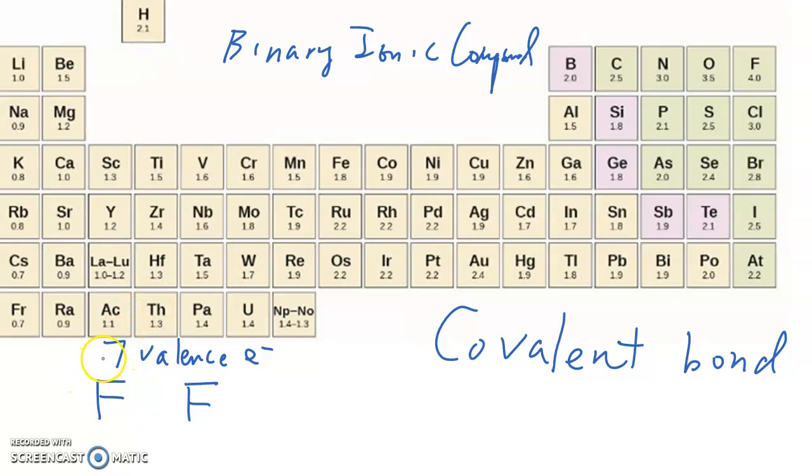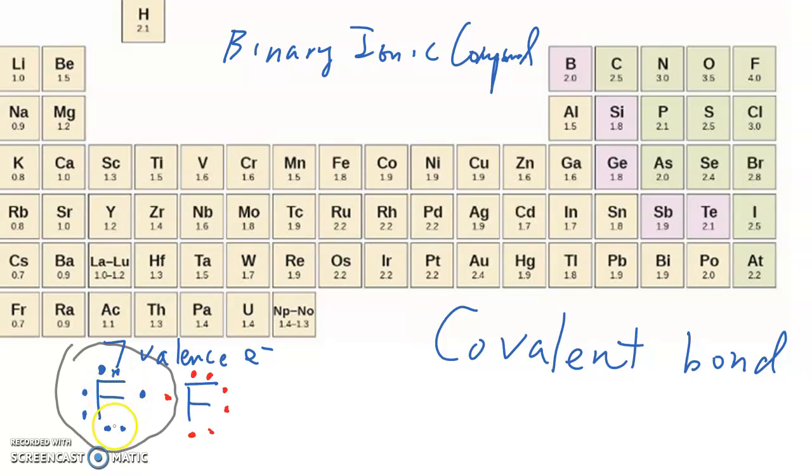7 valence electrons. I'm going to draw the 7 electrons surrounding it: 1, 2, 3, 4, 5, 6, and 7. How about this fluorine over here? I'm also going to draw the 7 valence electrons: 1, 2, 3, 4, 5, 6, 7. What happens if these electrons can be shared together? That means when I count the valence electrons, I also count the ones from the other fluorine.